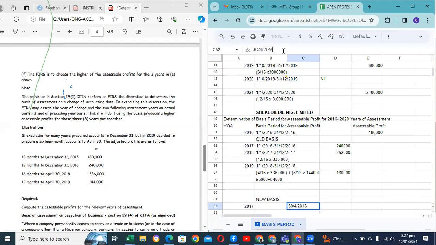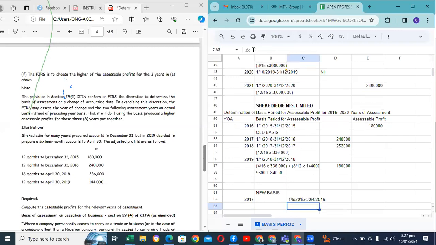2016. You know it must be on preceding year basis. Yes, sir. So you now count 12 months backward. So that means starting from May, Abi. 1/5/2015. Do you get the gist now? Yes.